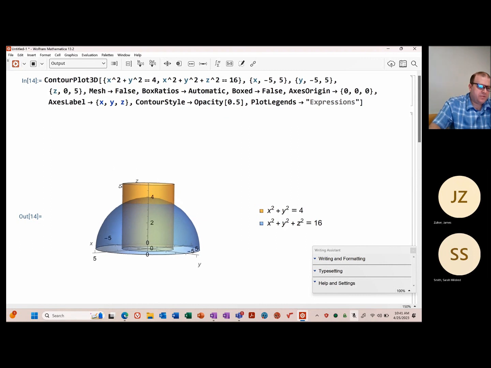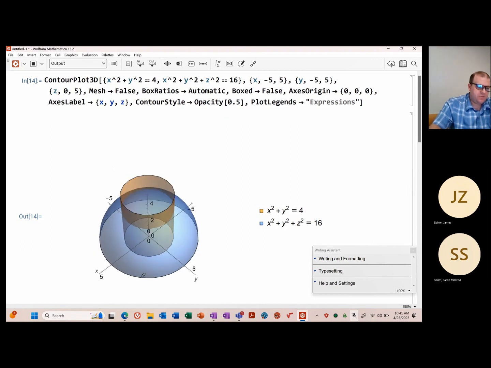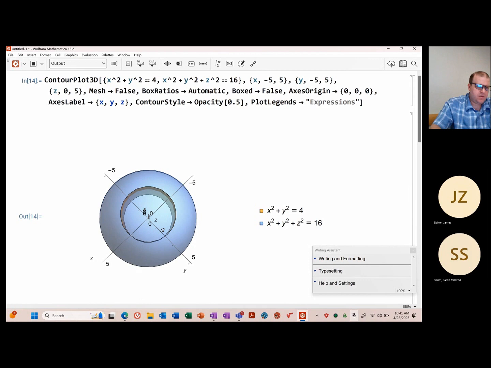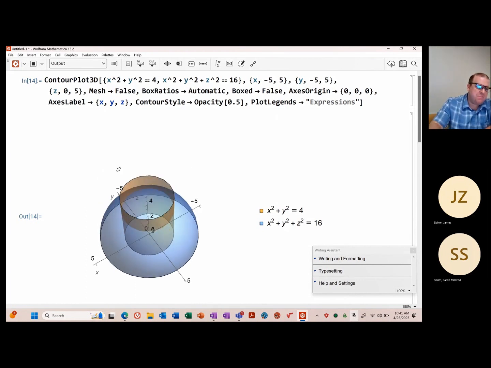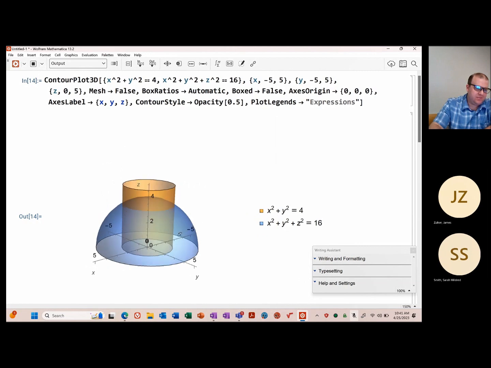Our curve is the intersection of those two, which is just a circle. The question is, for Stokes' theorem, that curve serves as the boundary for what surface?